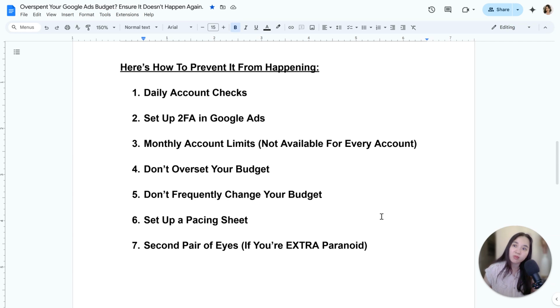I don't see it as often, but it's probably because I have a keen eye for noticing things and I have all these different methods in place to ensure that it doesn't happen. But it can happen. It's just if you put these seven practices into place, then your likelihood of it happening is going to be very, very little.